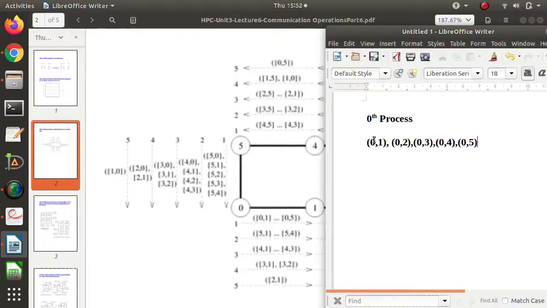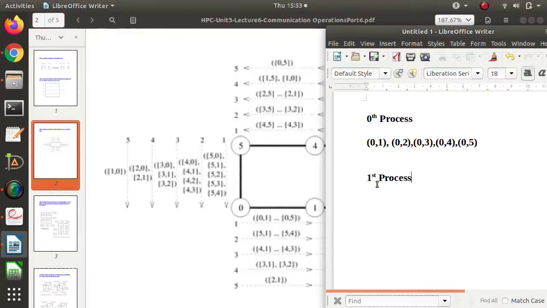Last time I told you to focus on this, because this will get repeated every time. This is the source and this is the destination. Source, destination, source, destination. In the same way, this is the first node, the first process.